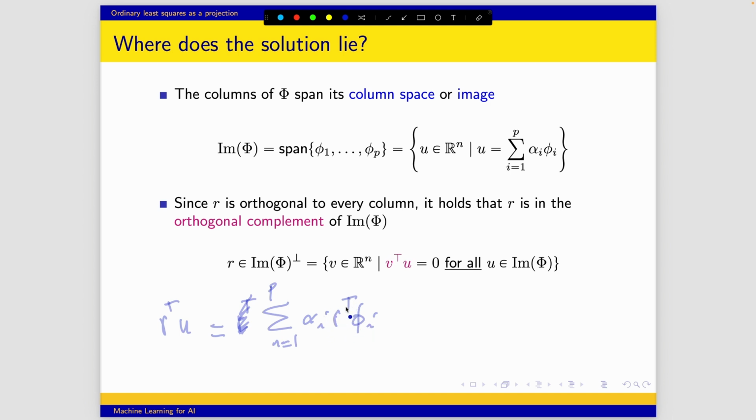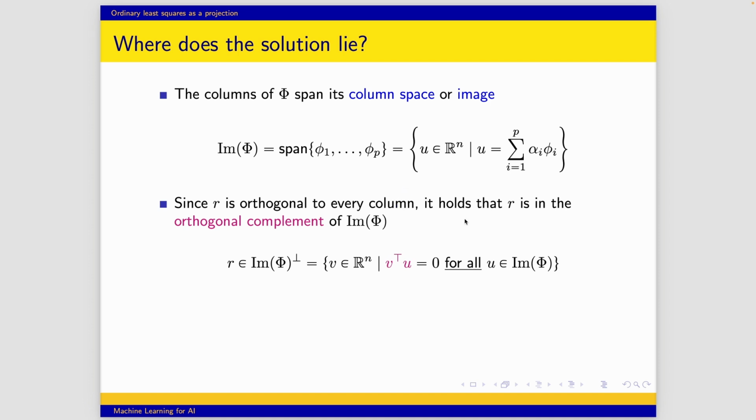But R is orthogonal to every single one of these from i equals 1 to p. So this is equal to 0 for all i, and so the whole thing is 0. So indeed, because R is orthogonal to every column vector, every phi i, it's orthogonal to any vector in the image space, in this linear span, and therefore it lies in the orthogonal complement of the image space.